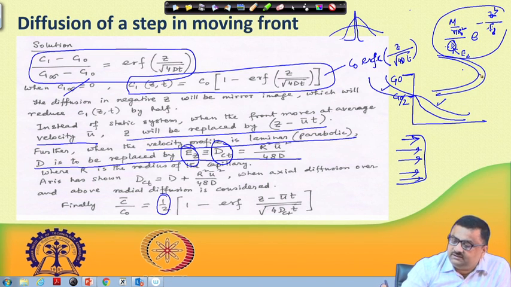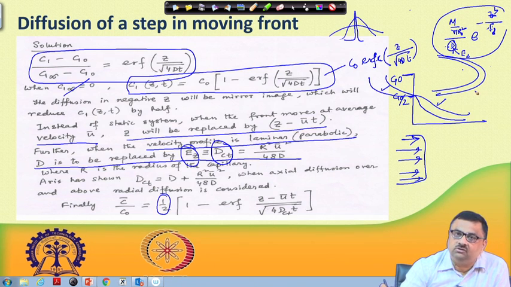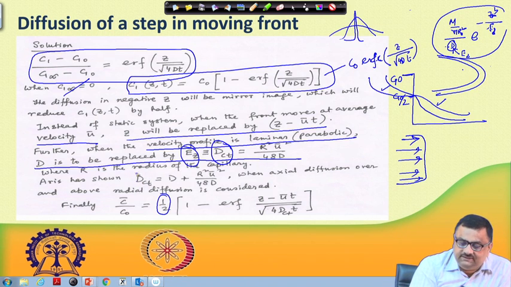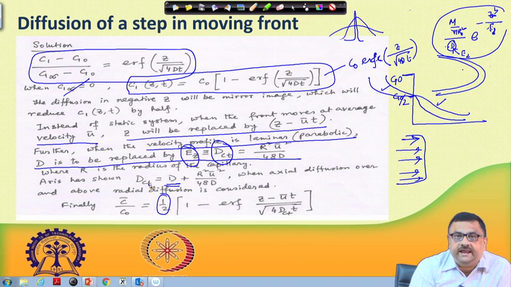But Aris showed that on top of this, if one considers axial diffusion also, then to that Ez term, the dispersion coefficient, you simply add D to this r square u square by 48D, so that it is capable of including the effect of axial diffusion. So, this is something which Aris has shown.